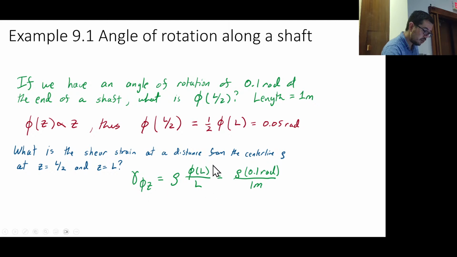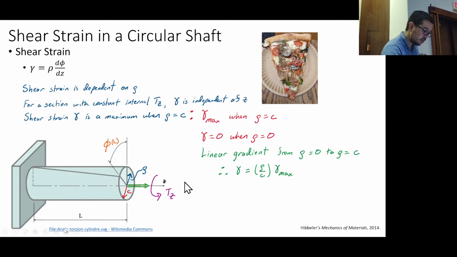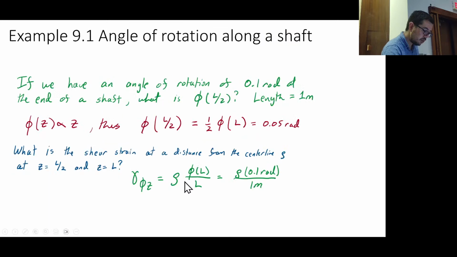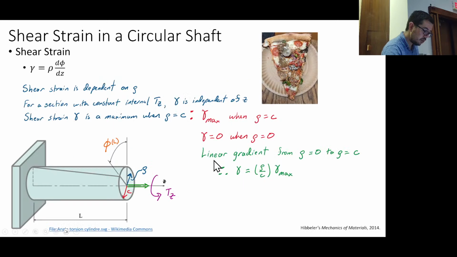It's the same at z equals L over 2 and at z equals L. We can say that gamma is going to be dependent on rho, whatever that distance is from the middle, times this displacement. What we're saying is rho phi over z essentially.